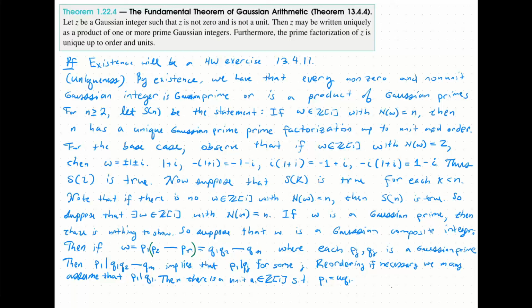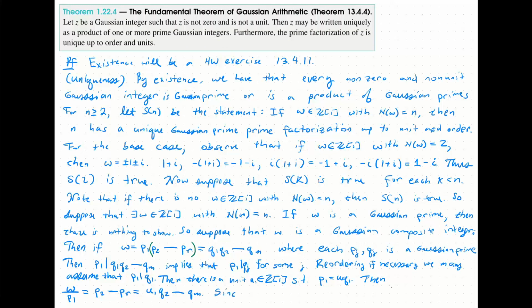And so then we have that w over p1 is going to be equal to p2 through pr, which is also equal to u1 times q2 through qm.